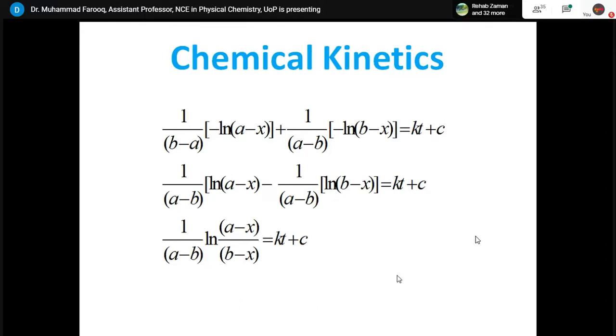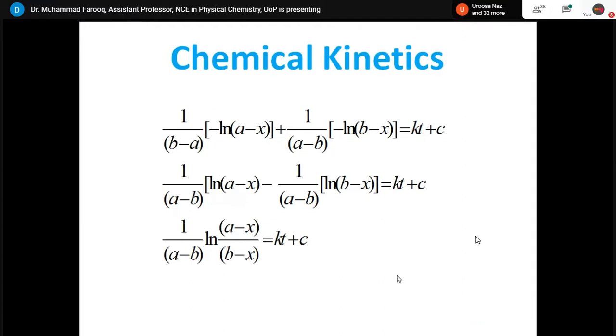Yes, sir. Okay, so 1 over a minus b is common in both the terms. So 1 over a minus b, I will take it common. So log of a minus x divided by b minus x. This is the log property if minus sign is there. For example, log of a minus log of b, I can write down log of a divided by b.